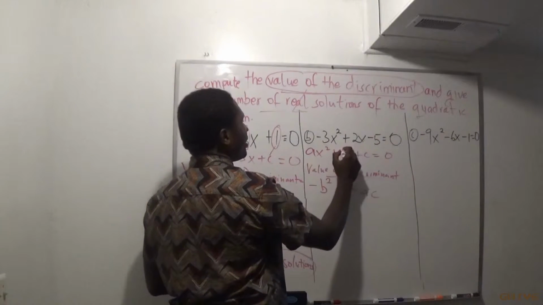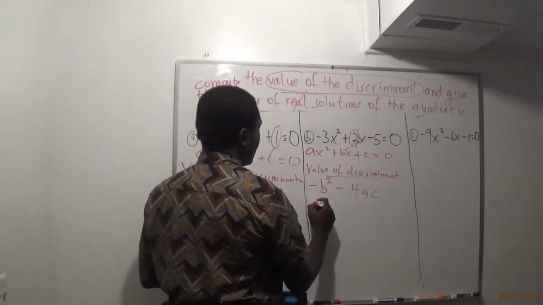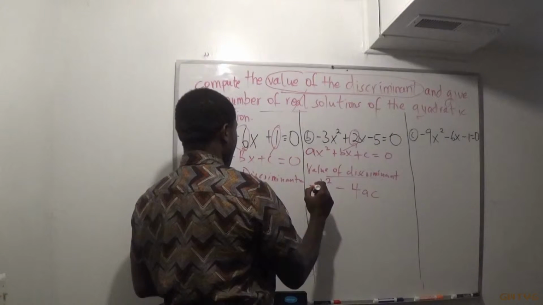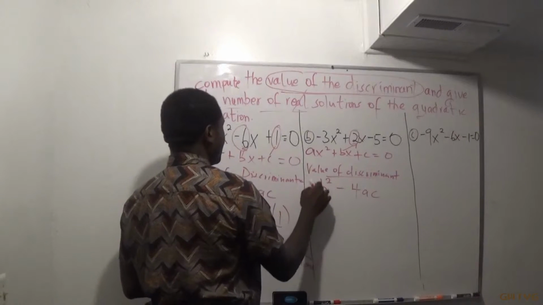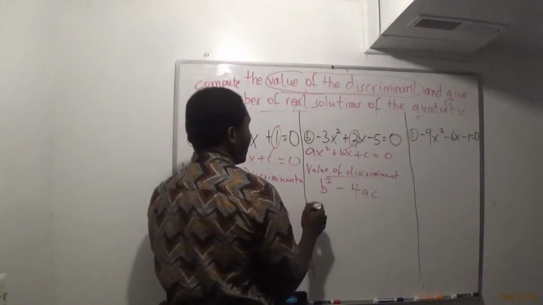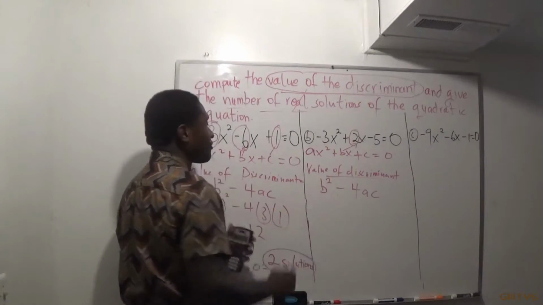So what is my b right here? The b is 2. It's actually positive b squared minus 4ac. I gotta make sure I don't forget this formula.